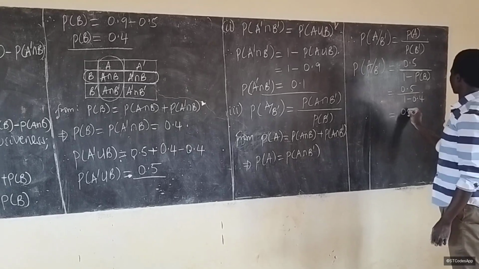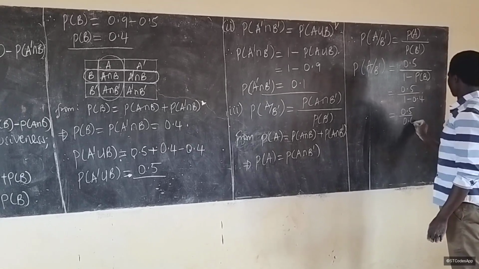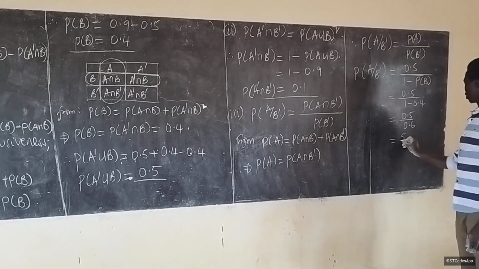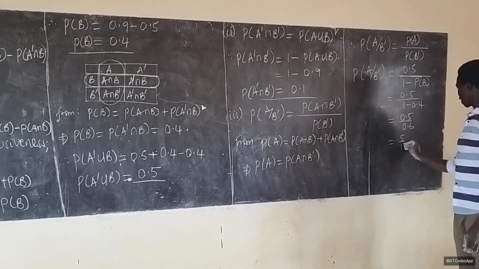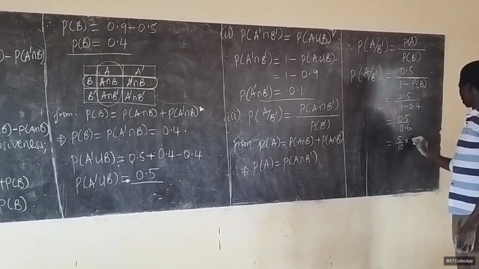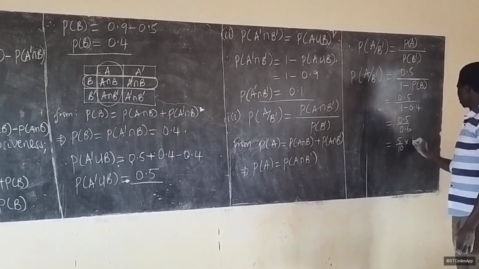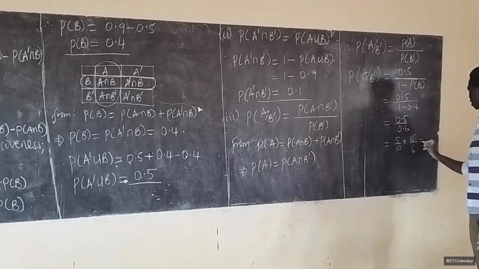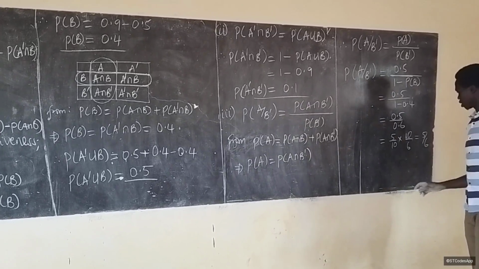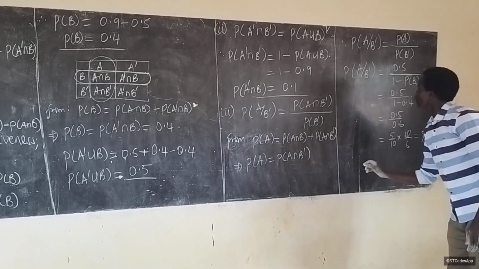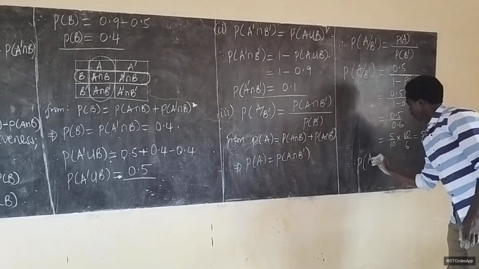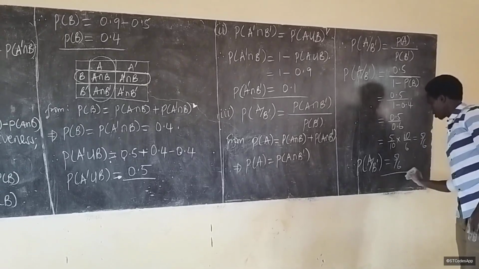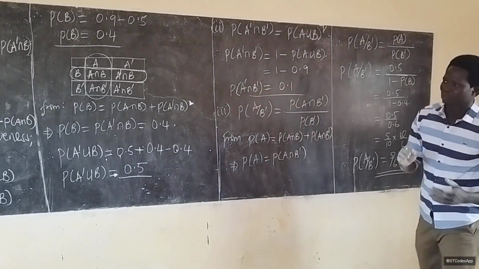And this is 0.5 out of 0.6. This is actually 5 out of 10 times 10 out of 6, and then the answer is 5 out of 6. So therefore, probability of A given B complement is actually 5 out of 6. Thank you very much.